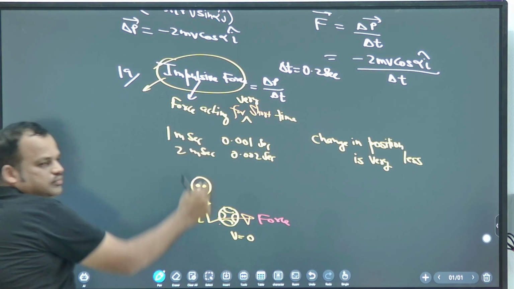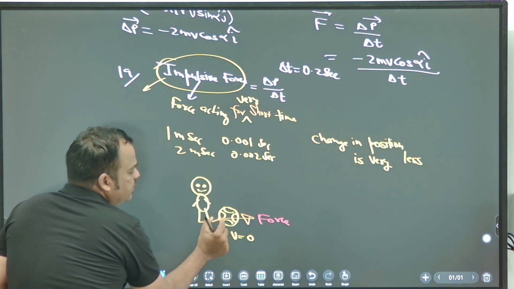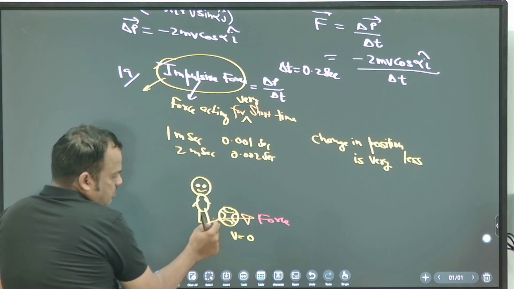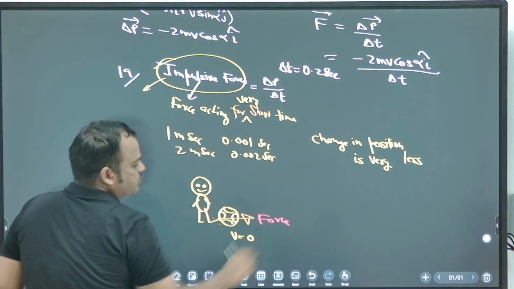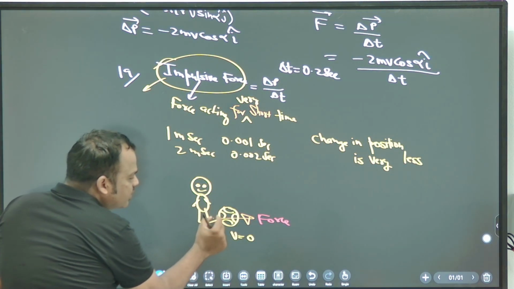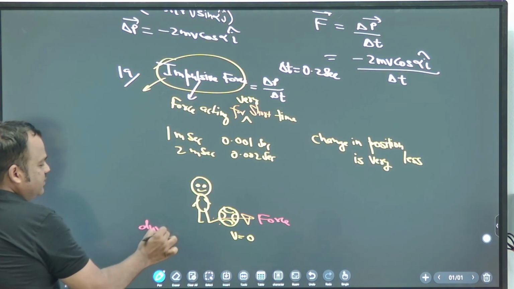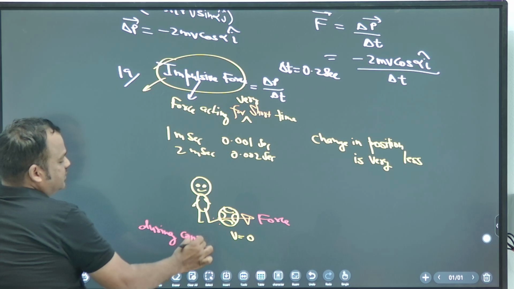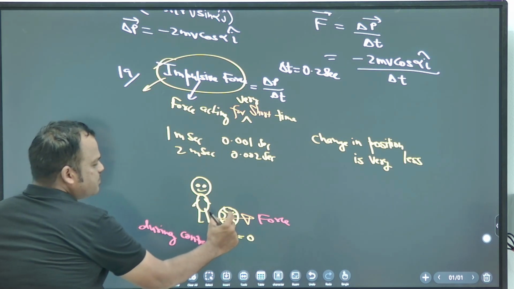Then contact will be lost because the football will go here. During contact time, the football will displace very slightly.